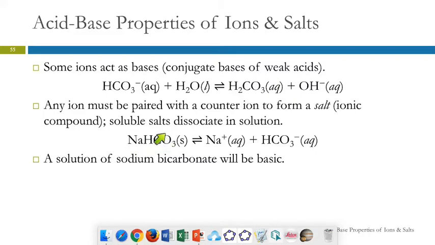That dissociates in water to form sodium ions and hydrogen carbonate ions. So there are sodium ions present, but they are not doing anything in terms of acid-base activity. But a solution of sodium hydrogen carbonate will be basic because this is the conjugate base of a weak acid. So it can act as a base. Any questions?